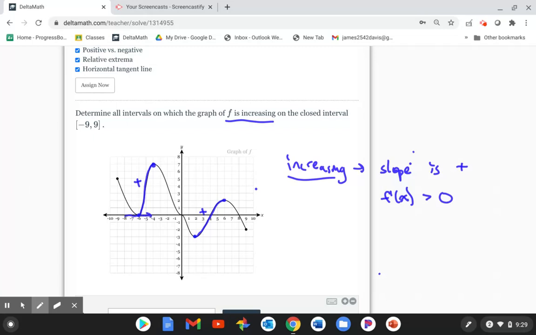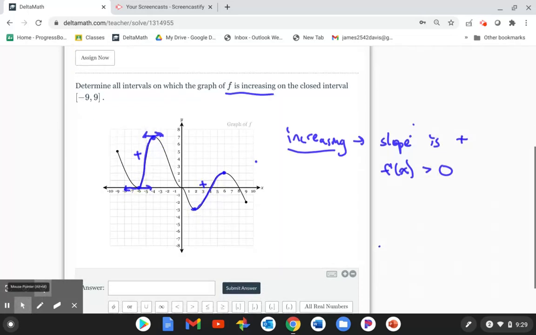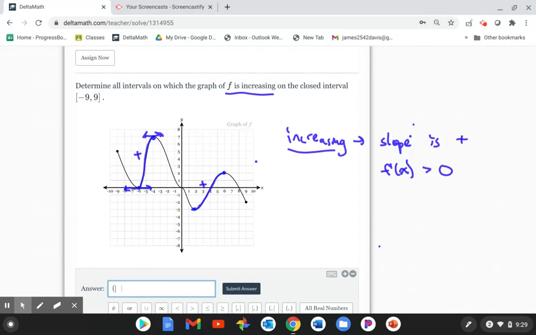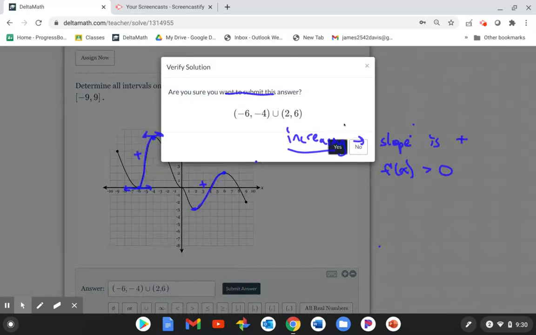And there's actually a horizontal tangent line there, which we'll do in the next one. Slope is 0. Same with here, 0 at those points. So we want the open intervals when we write those out. So we went from -6 to -4, and then a union, and then from, it looks like 2 up to 6.